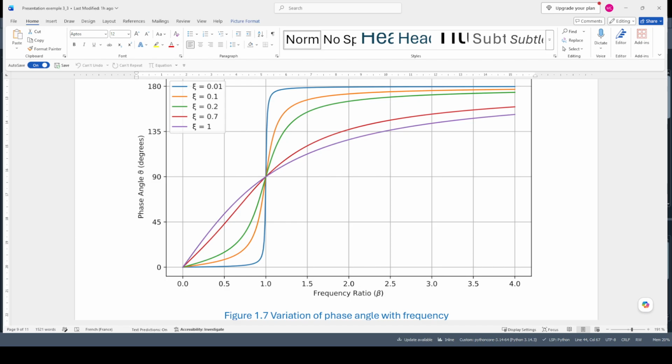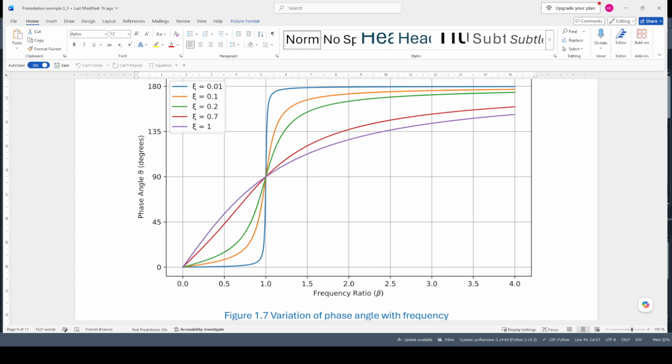And the displacement is in phase with the force. For frequency ratio greater than 1, the phase angle is very close to 180 degrees, and the displacement is out of phase with the force.